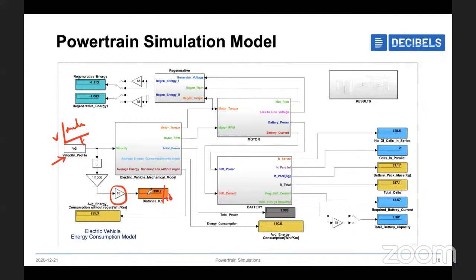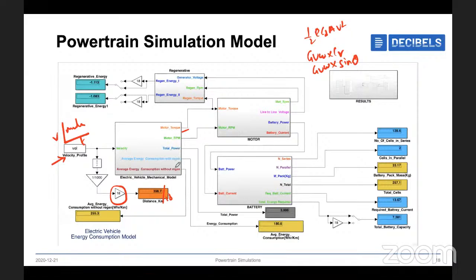In this, I am using some basic equations: the rolling resistance equation, which is gross vehicle weight times CRR, grade resistance, which is gross vehicle weight times sine theta, and the aerodynamic force, half rho Cd A v squared. Basically, I use these equations to convert the velocity profile into wheel torque, wheel RPM, powers, energies and everything.